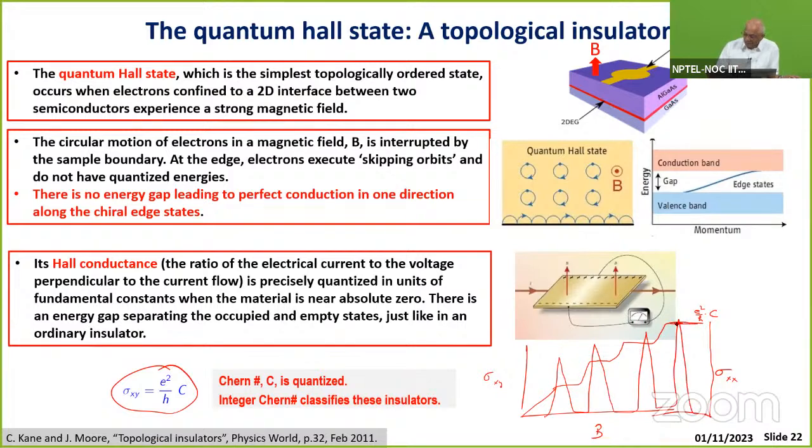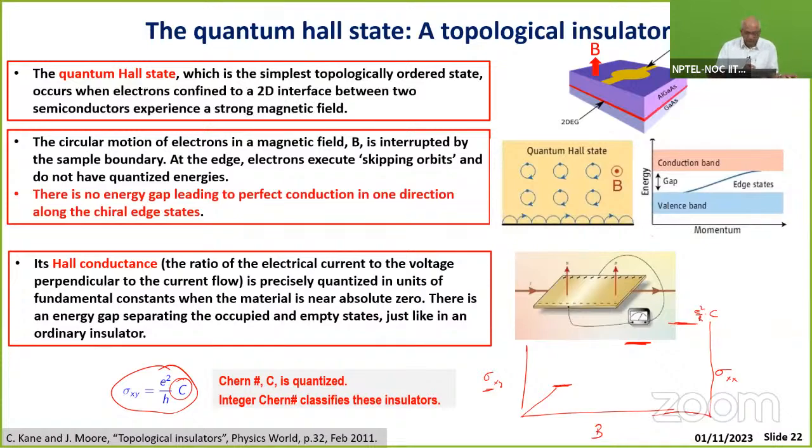These plateaus that you see in the sigma xy are all experimentally seen in this material structure. That is a consequence of the topology, because this number C is a topological invariant.